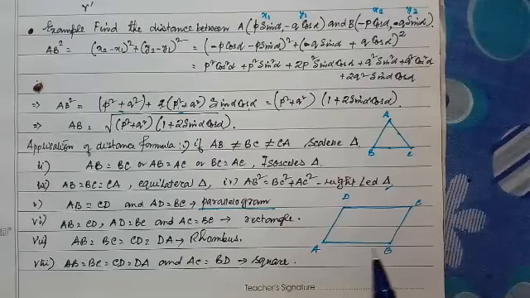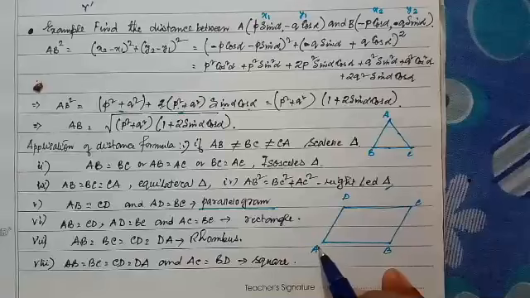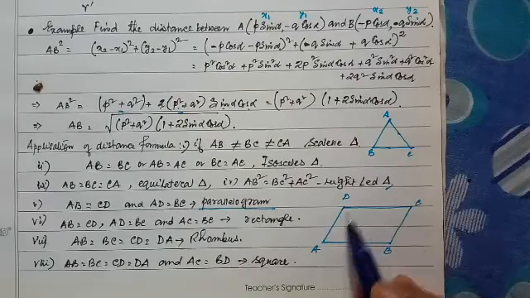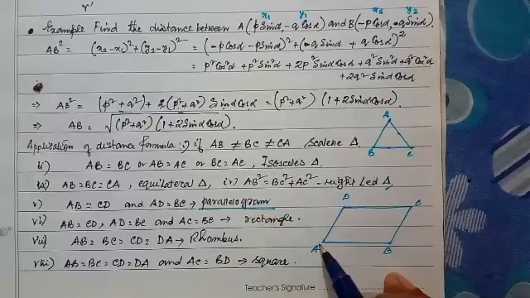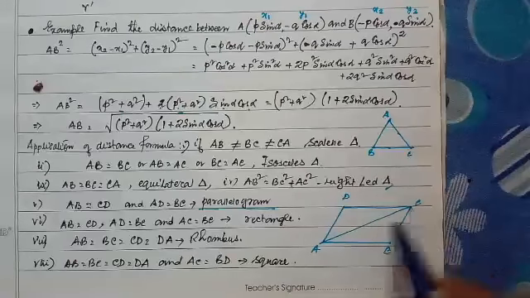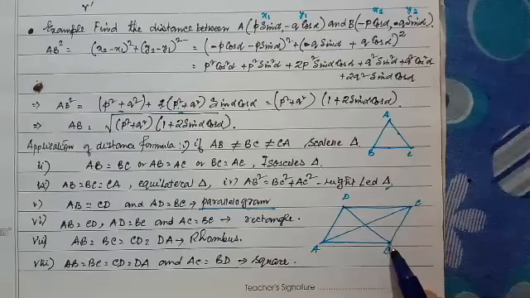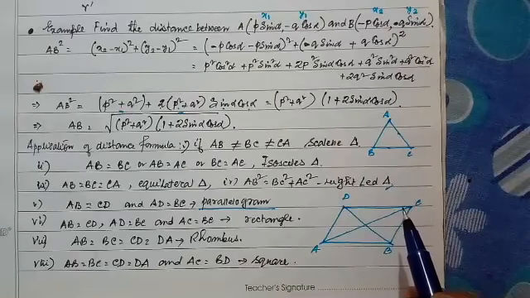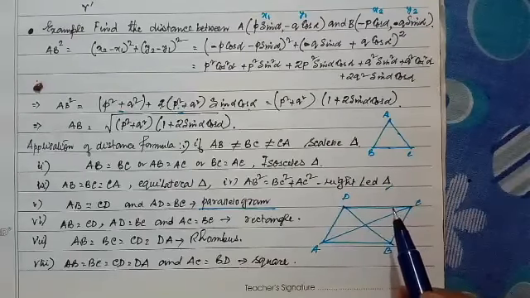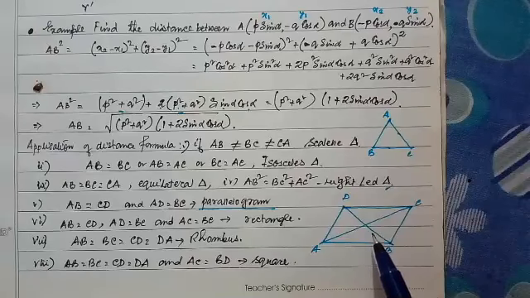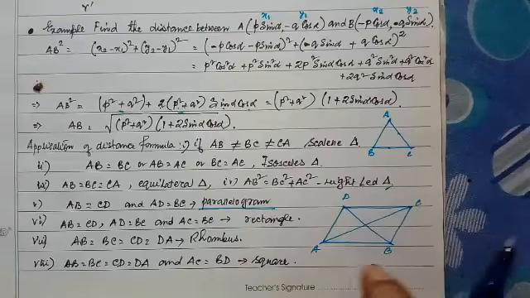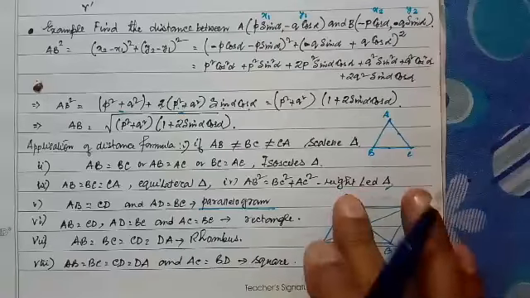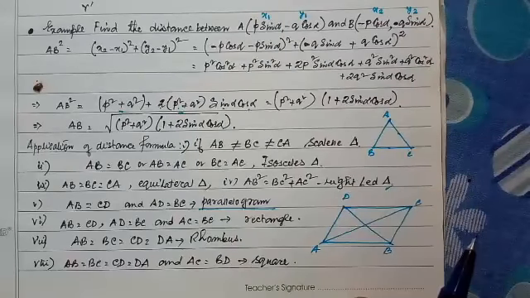If it is that AB is equal to CD, AD is equal to BC, that is opposite sides are equal, and at the same time the diagonals AC and BD are equal, if AC is equal to BD, the diagonals are equal, then that is a rectangle. So for a rectangle, AB is equal to CD, AD is equal to BC, and AC is equal to BD, then this is a rectangle.